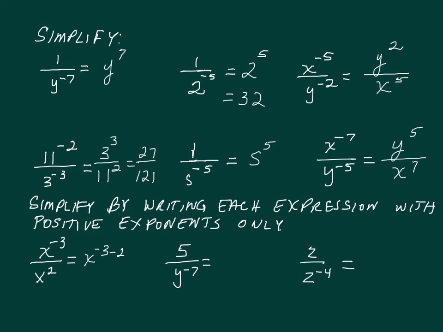Which is equal to x to the negative 5, which then is equal to 1 over x to the 5th. You can do it like that.